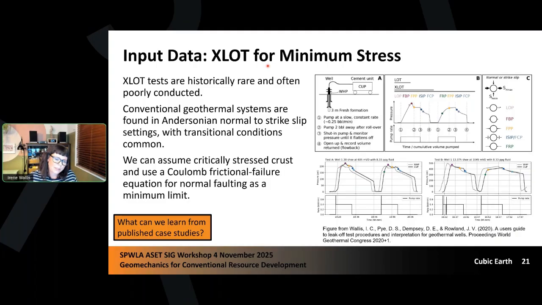And so you actually need to do complete cycle tests in order to determine the minimum stress. What we can do, though, is in conventional geothermal systems, we find them in normal and strike slip settings. Often they're transitional.